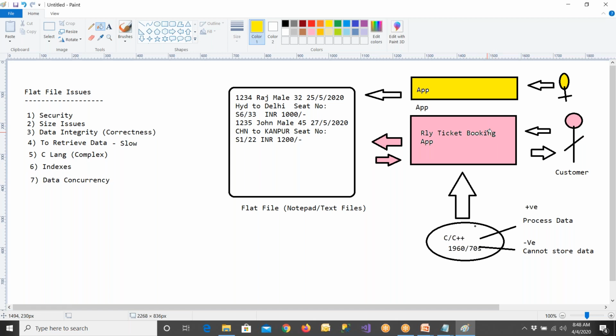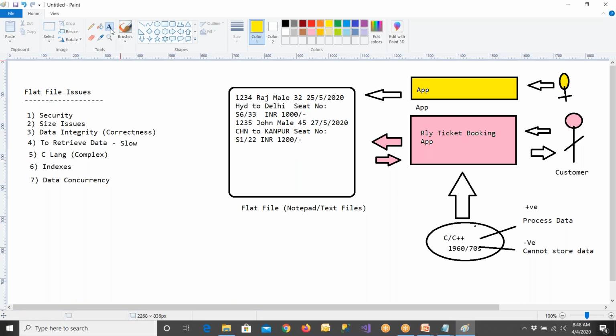There is no issue at all now. But at that time, if one guy was booking at 10 o'clock, the other guy could not, and the same file could not be opened. If you open the file in read and write mode, other people can open it only in read-only mode, so they cannot write any data here. So that is the big issue.